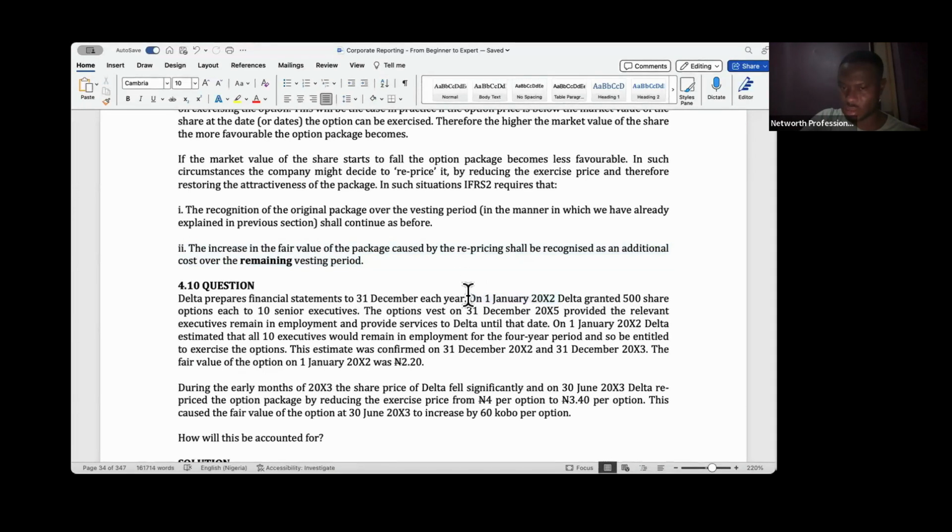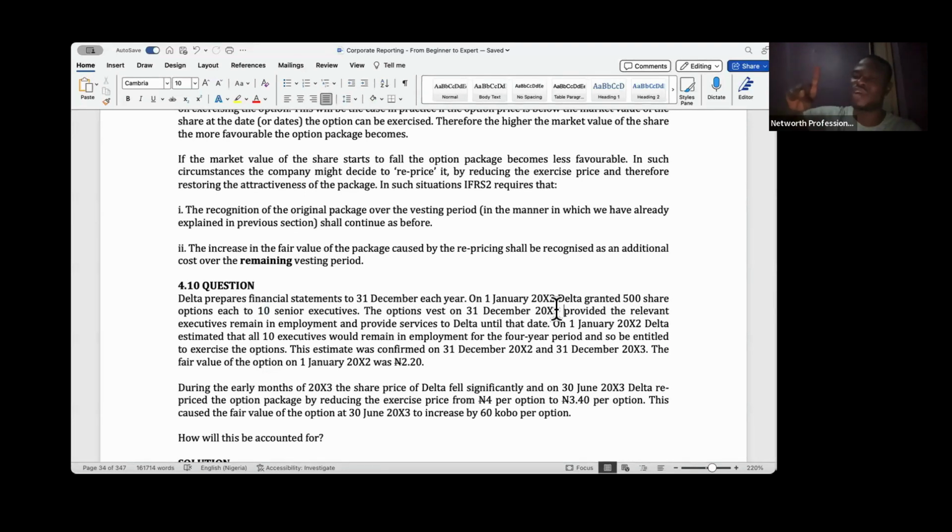That means that this 1st January 2002 is the grant date. Now, of course, there are 10 employees. Then the option vests on 31st December 2005. So it is in 2005 that the employees can now buy those shares.